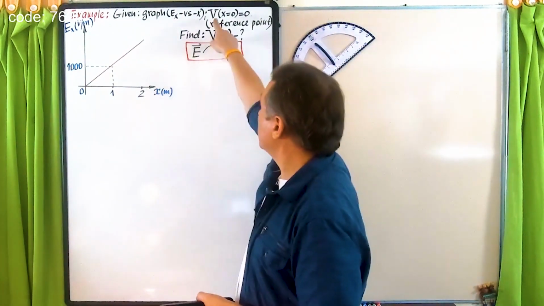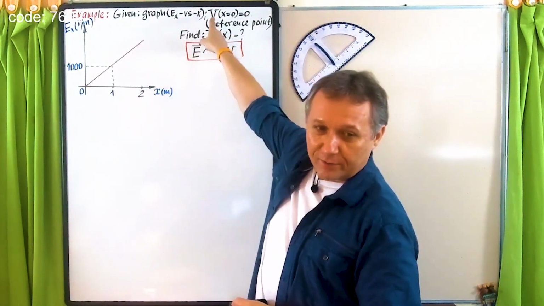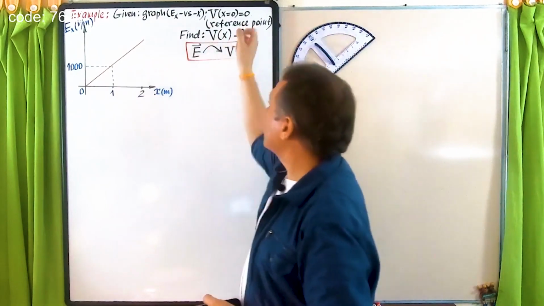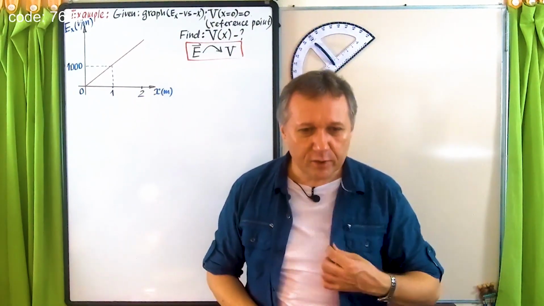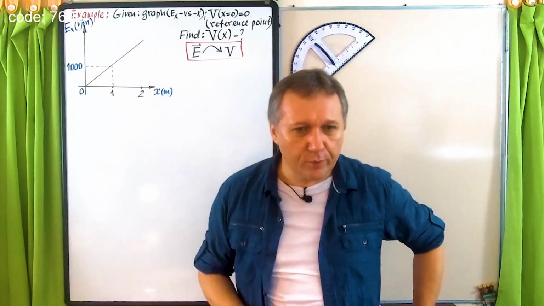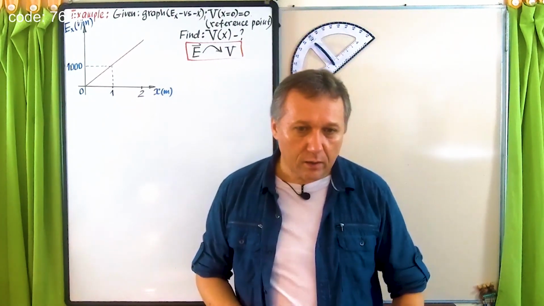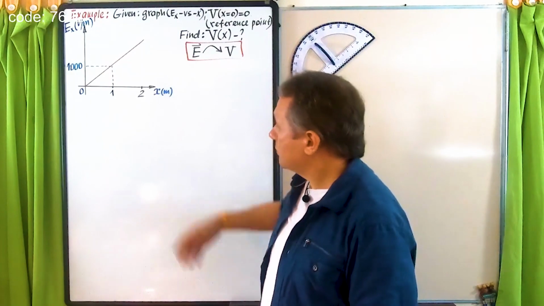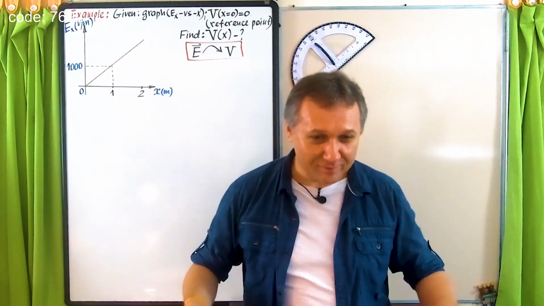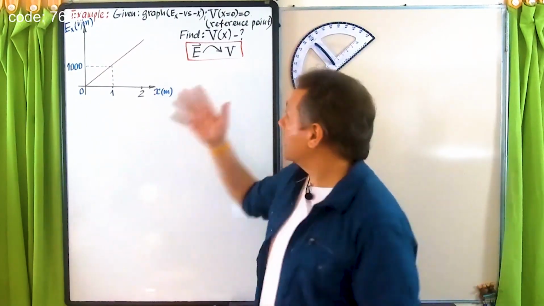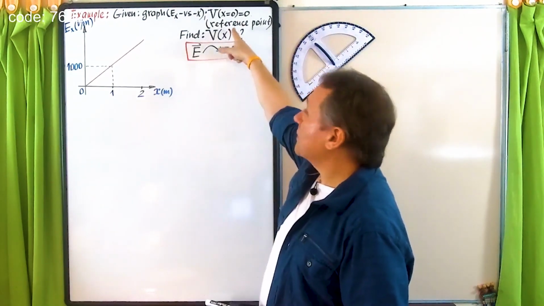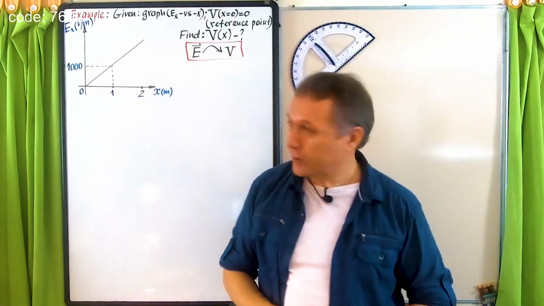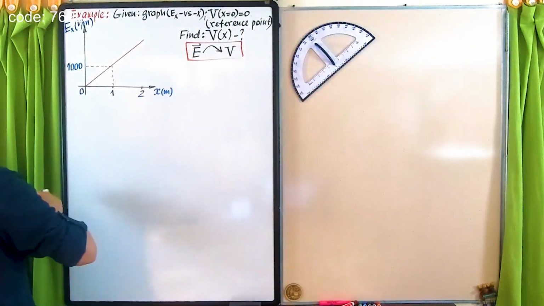Then another piece of information is given. I wrote, so you see the electric potential at the origin is 0. You remember, we have a freedom to choose a reference point at any point. So in this case, the person who wrote this book gives us this information. Basically, they give us the reference point. So the reference point is at the origin, right?